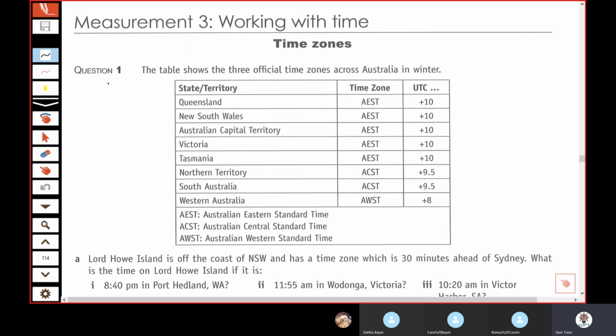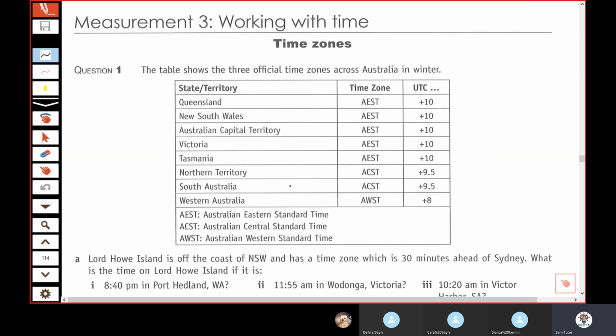So let's start with question 1. The table shows the 3 official time zones across Australia in winter. I think it's pretty self-explanatory. Western Australia is only a +8 to the UTC line, which we're going to say is just the middle line, right?